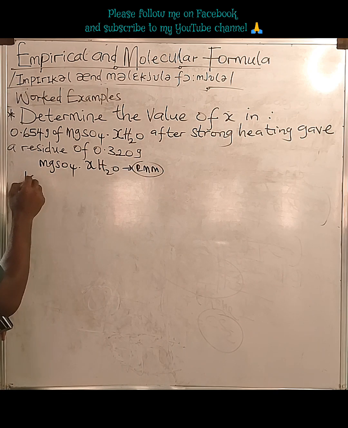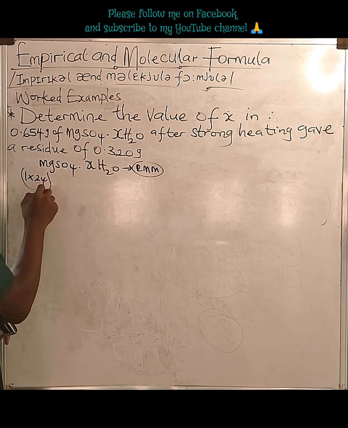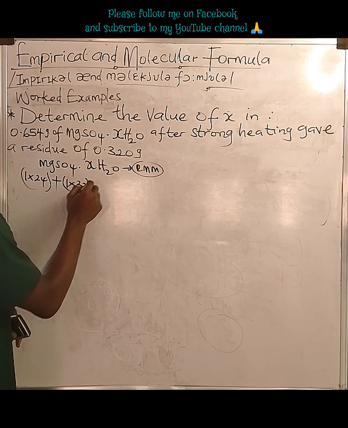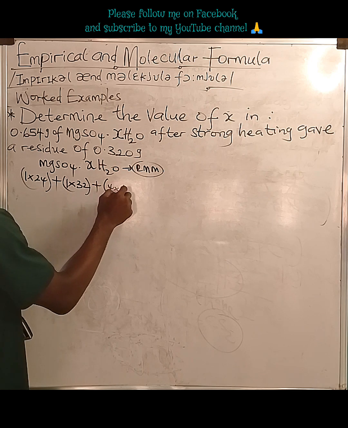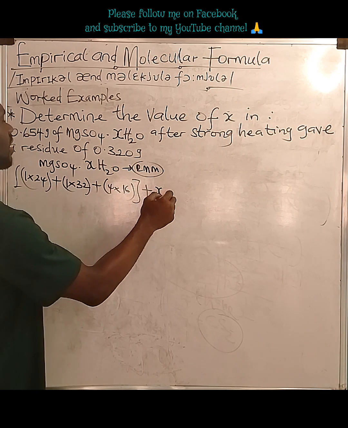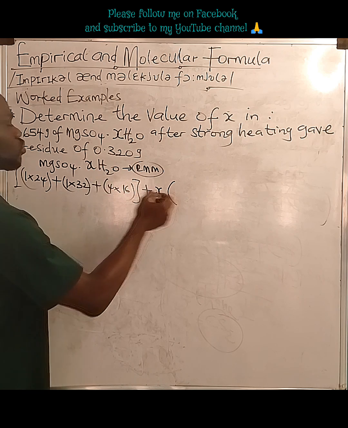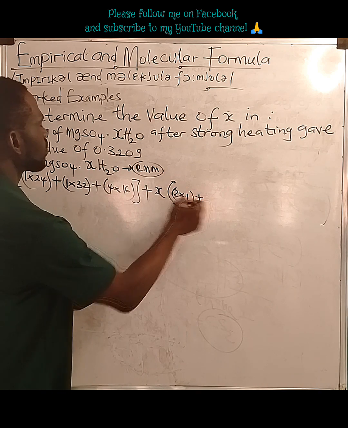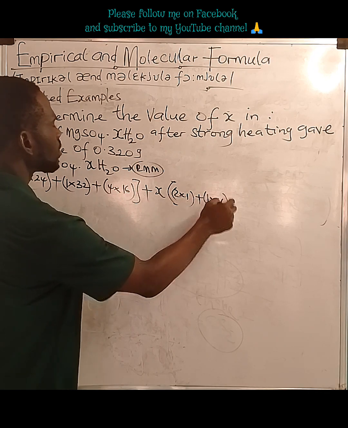Magnesium is 1 times 24, plus sulfur is 1 times 32, plus 4 atoms of oxygen, 4 times 16. Then all this together, plus X times water: hydrogen is 2 atoms, so 2 times 1, plus oxygen, 1 atom, 1 times 16.